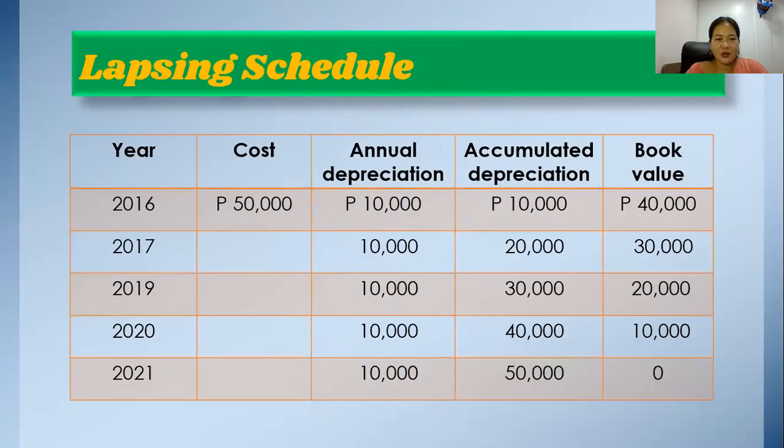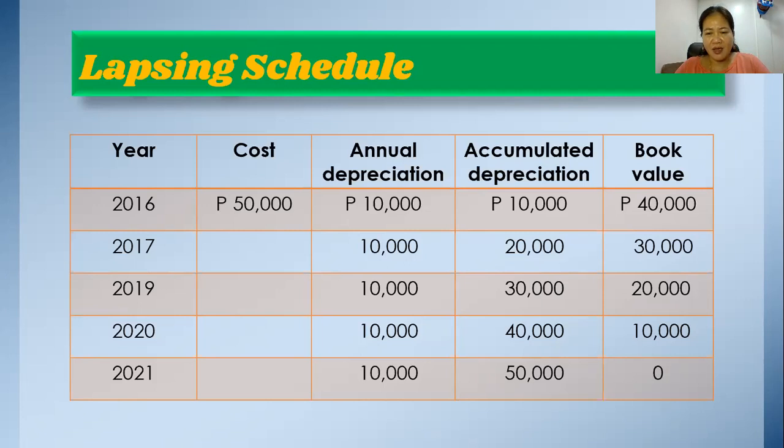I just want to show you the lapsing schedule of our asset. The asset has a 5-year life, so we have 2016, 2017, 2018, 2019, 2020. The cost of our asset is 50,000. Our annual depreciation is 10,000 every year. Then accumulated depreciation. What is accumulated depreciation?